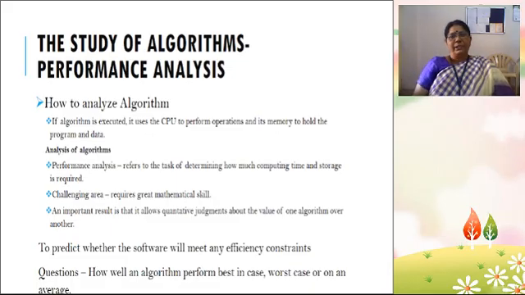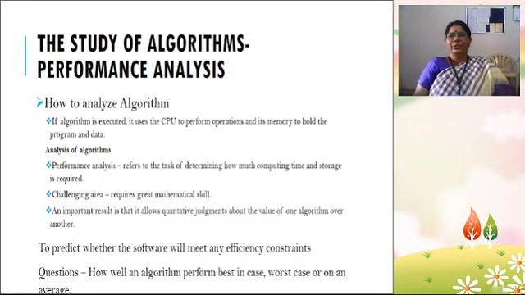The third important phase which we learn by the study of algorithms is performance analysis. So we learn how to analyze algorithms. Generally when an algorithm is implemented using a computer program, it uses memory and CPU time.